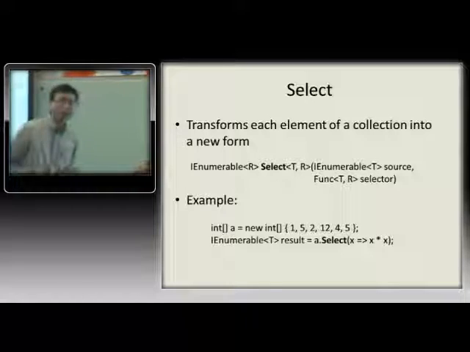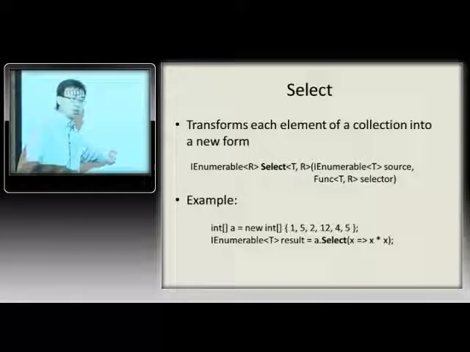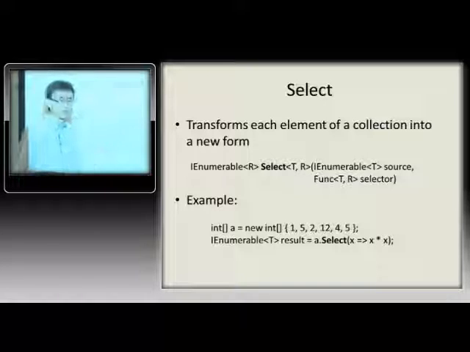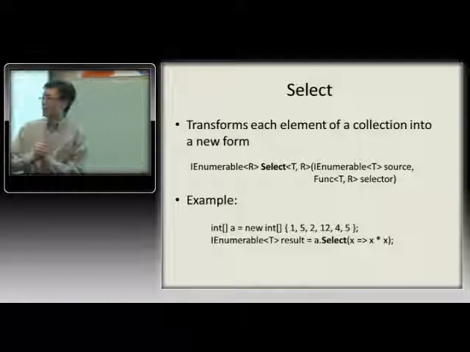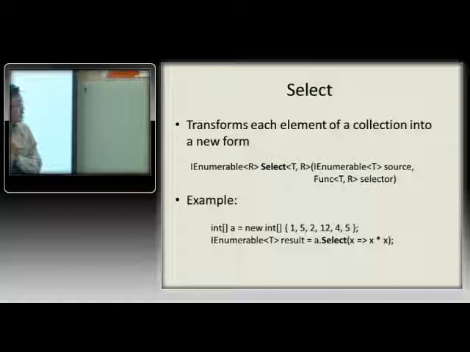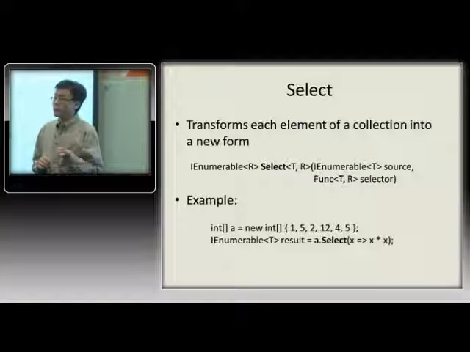You don't have to specify the data type here. You mean here? This is a typo, I'm sorry. So that should be int. So what does that mean? Select means you apply a transformation to each element in the collection.